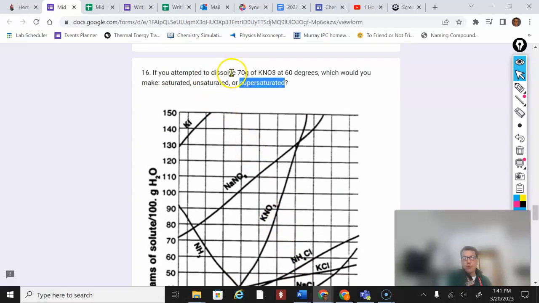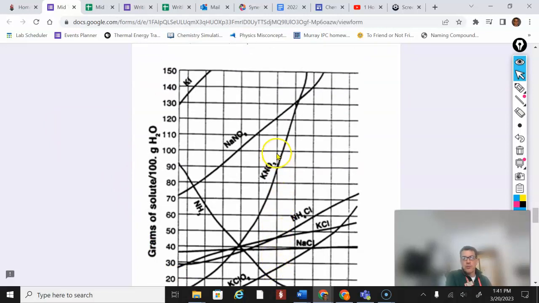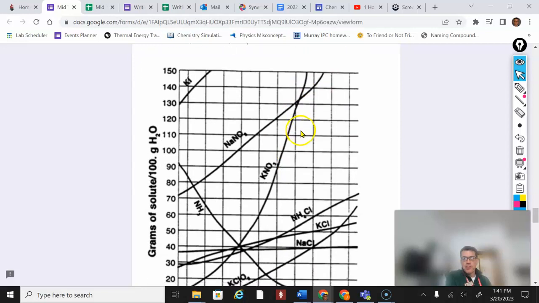In describing what's going on in the question, if I dissolve 70 grams at 60 degrees, that means I start here at 60 and scroll up to about 70, put a dot where the arrow is and compare that to the KNO3 line.